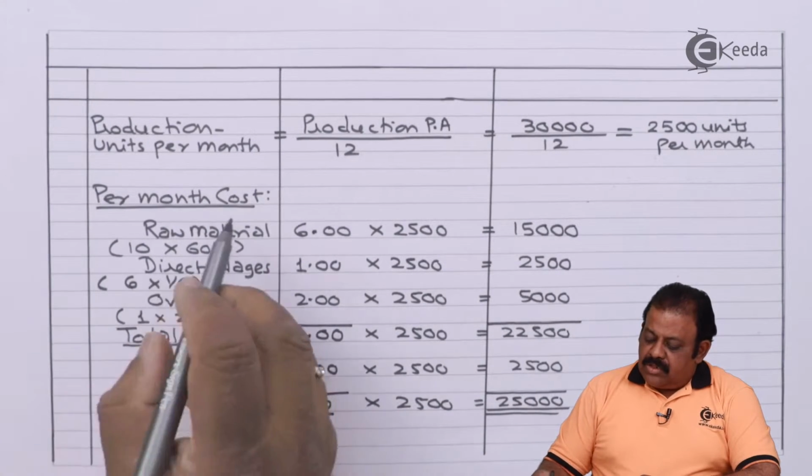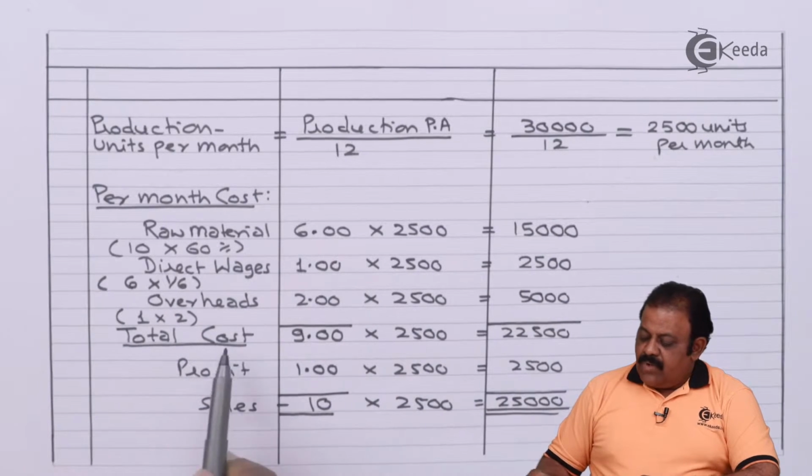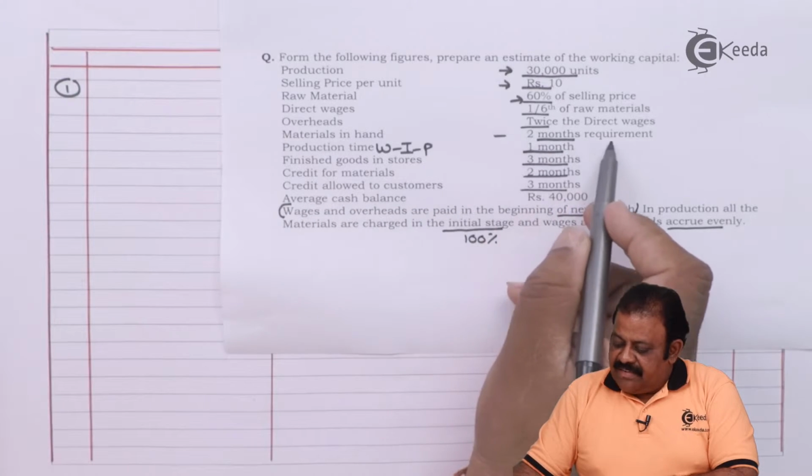So we got per month cost raw material 15,000, direct wages 2,500, overheads 5,000, total cost 22,500, profit 2,500 and sales 25,000. Material in hand 2 months requirement.